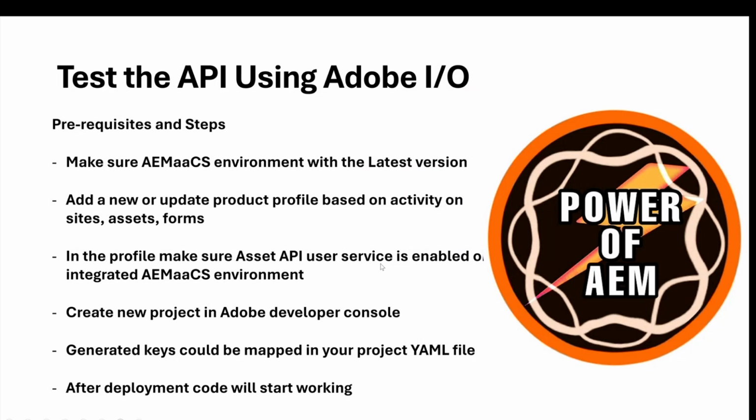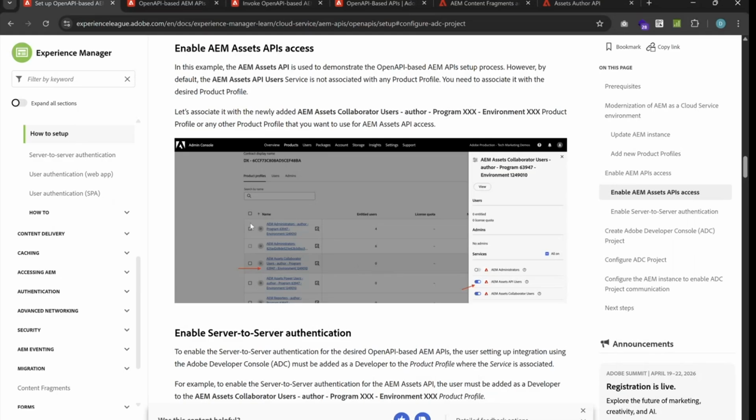We can quickly look at that. As you can see, this is the public documentation where we are creating a new profile, and that profile is about accessing assets on a certain program and environment. Once that profile is available, we also need to enable the service.